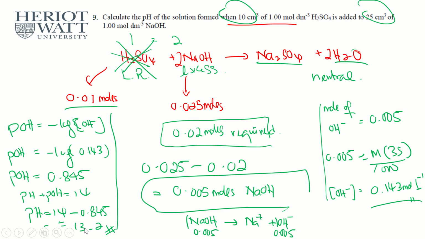Does it make sense? NaOH is the one in excess, which is alkaline, which is a base. So the final pH of the solution is 13.2. So after the neutralization, you still have remaining moles of NaOH, and from the remaining moles of NaOH, you calculate the concentration of OH-. After that, you get the pH of the solution. All right, so that's how you solve question 9.